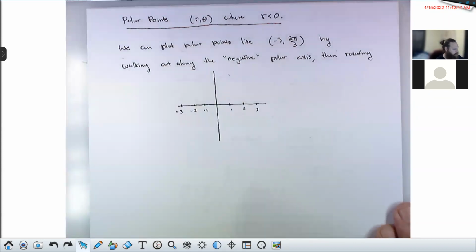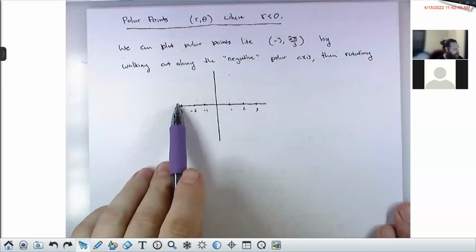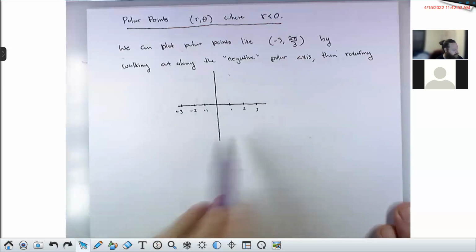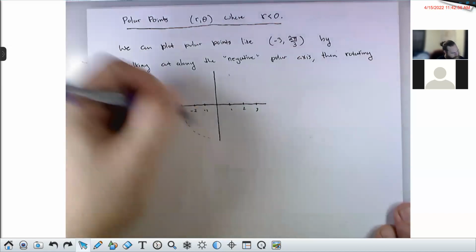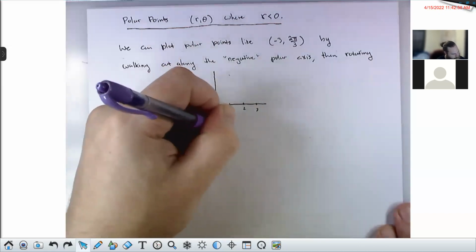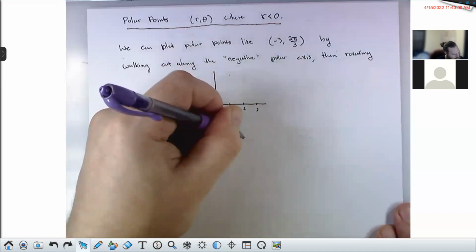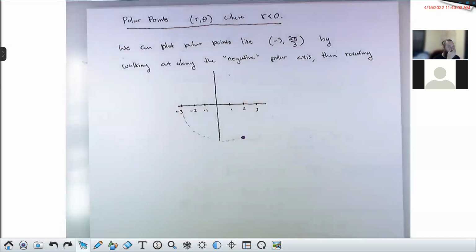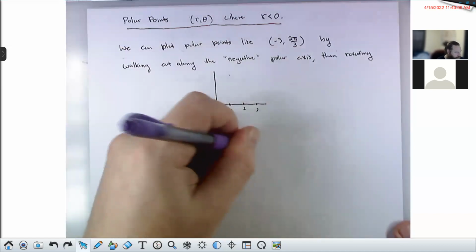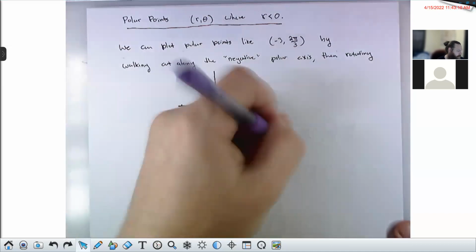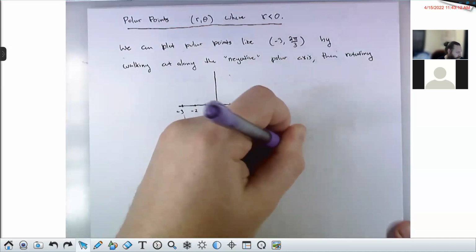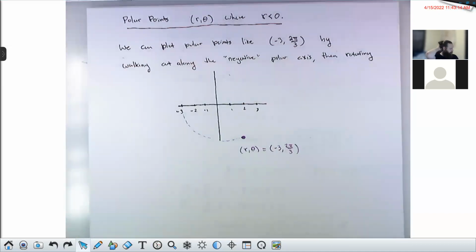So I'm going to walk out to -3 and then rotate in the positive direction by 2 pi over 3. Which is going to put me right here. So this is the polar point r comma theta, where r is -3 and theta is 2 pi over 3.